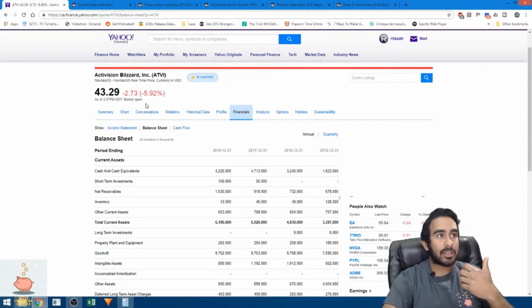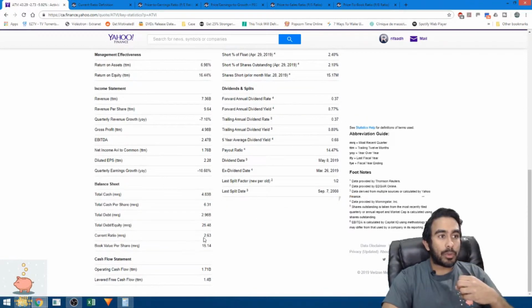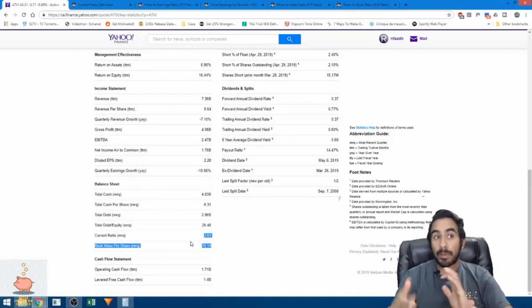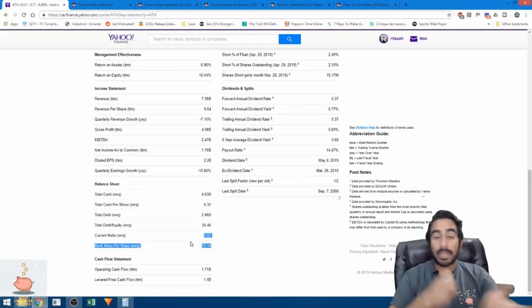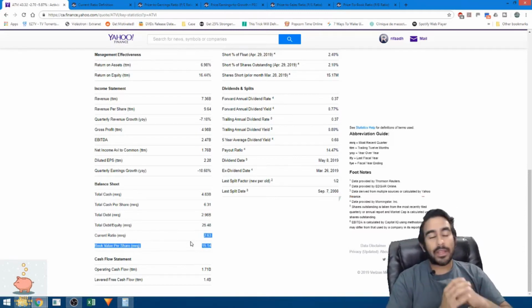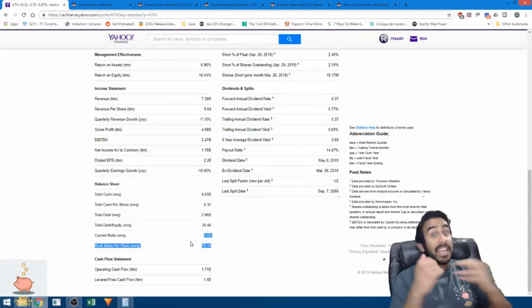In the case of Activision Blizzard, it comes to 2.63, which is pretty good, because it means the company is very well able to pay out its debt if anything happens. In any downturn or bad event, they're financially strong and stable. And this is also a catch 101: less than 1 is not good. That means the company is having trouble meeting its needs in case something happens.